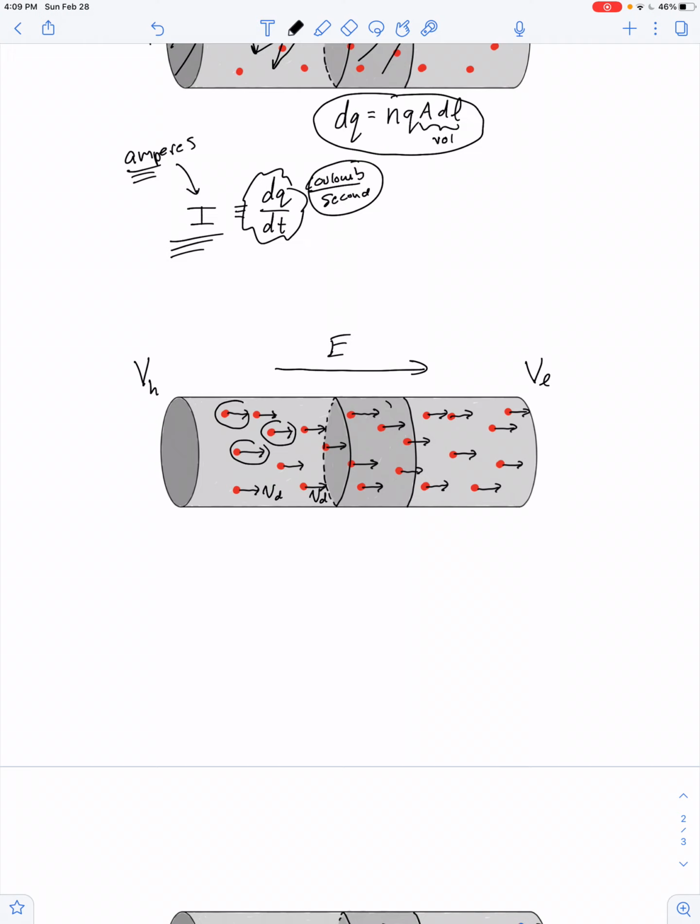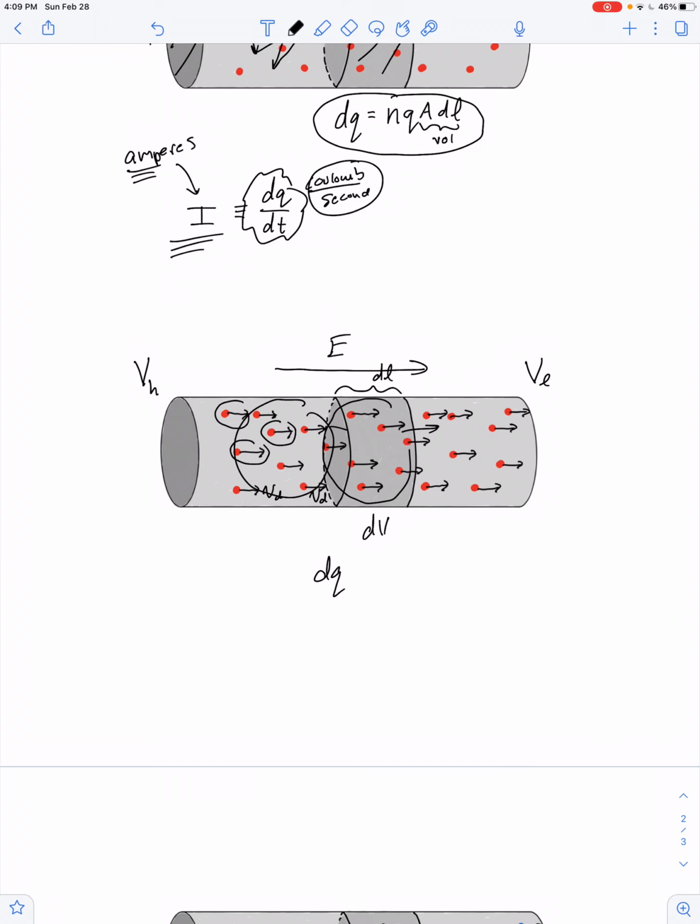So now, whatever amount of charges occupy this fractional volume are going to drift out of there, and then a whole new set of them will drift in. So there's going to be a rate at which charges are passing through this length, dl.